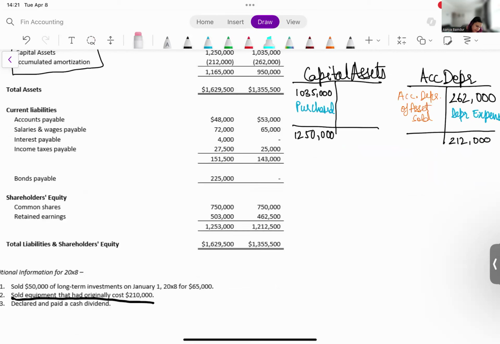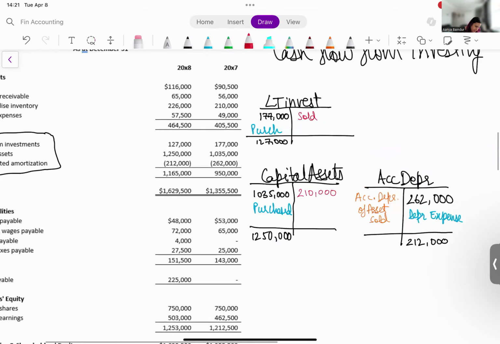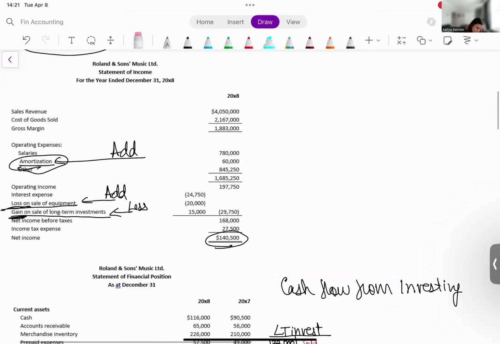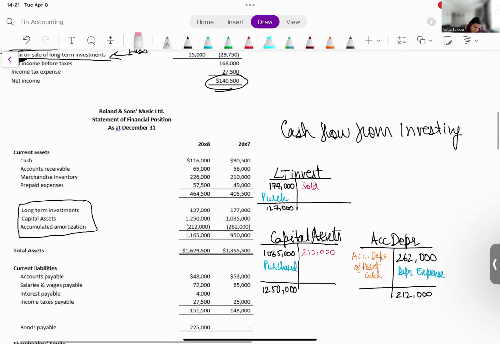So let's put that figure here. That's the original cost. That's what we removed from here. Then next, let's find the depreciation expense. The question told us here that it was 60,000.